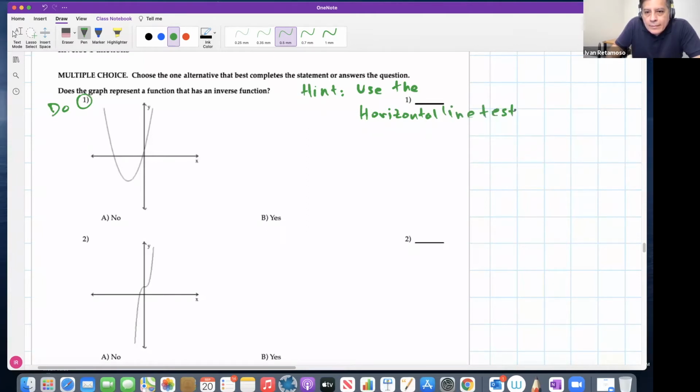So meaning draw horizontal lines and check how many times these horizontal lines hit the graph. If they all hit the graph only once, it means that yes, you got yourself a one-to-one function, therefore an invertible function, right?